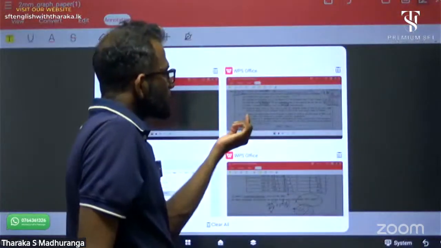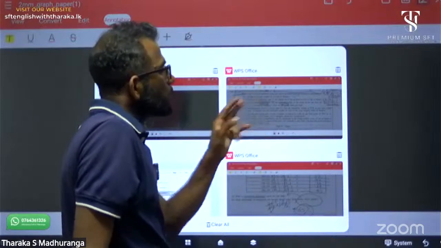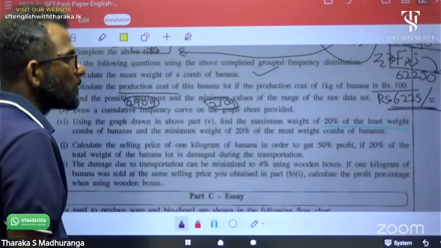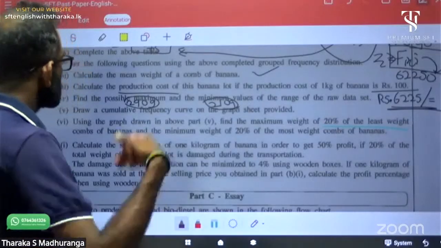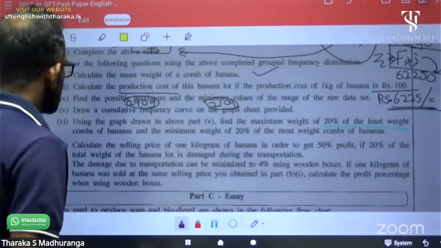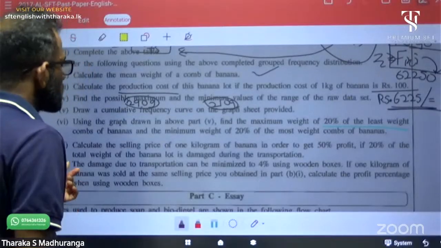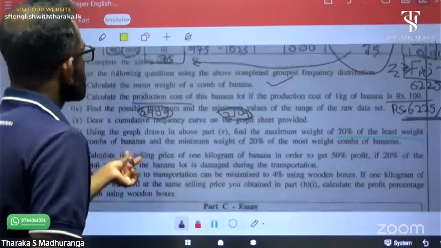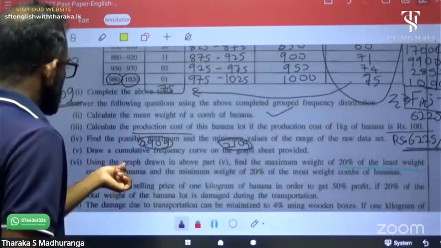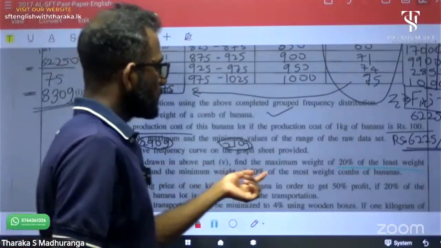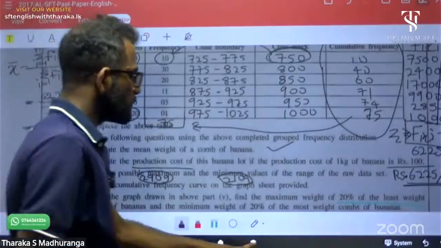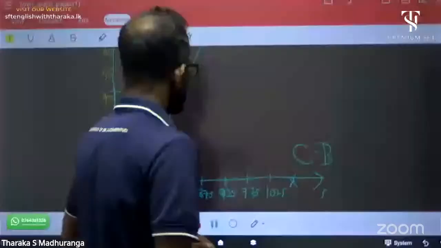Now, maximum 20%. Okay, first let's get minimum 20%. Least weight 20% of combs of banana. How to get least 20%?